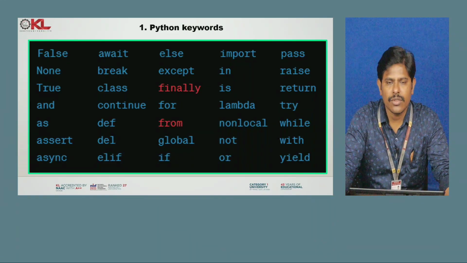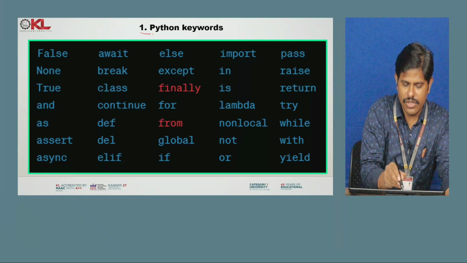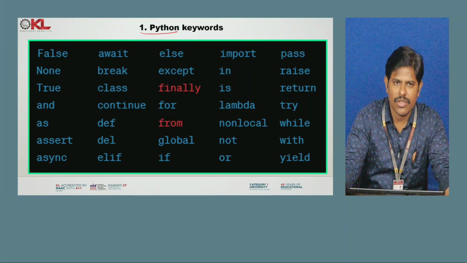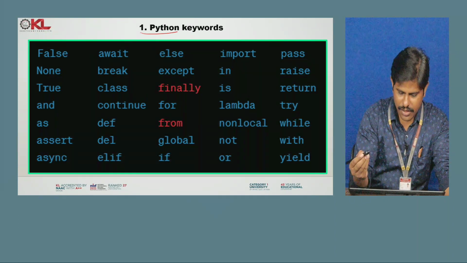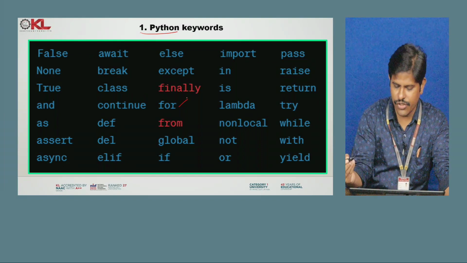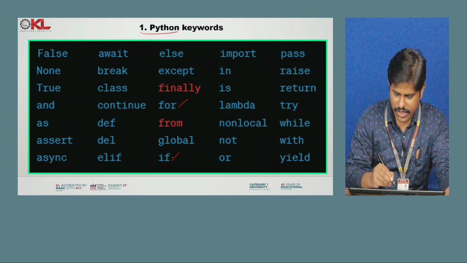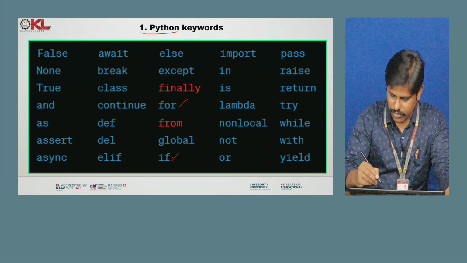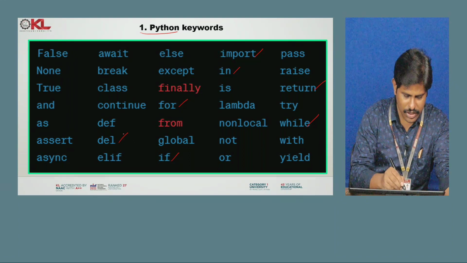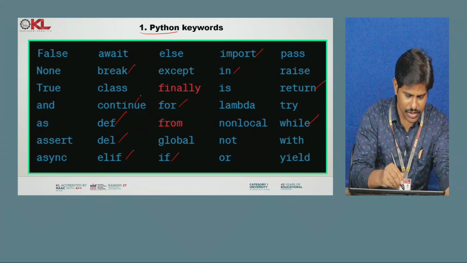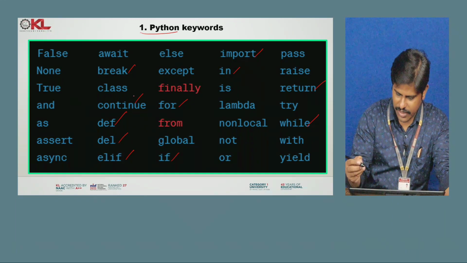Coming to the first vocabulary item, Python keywords. There are around 35 keywords available. Some of the keywords you can easily recognize: for, which is used in a for loop, if statement, in, import, while, return, del, def, elif, break, continue, and except.